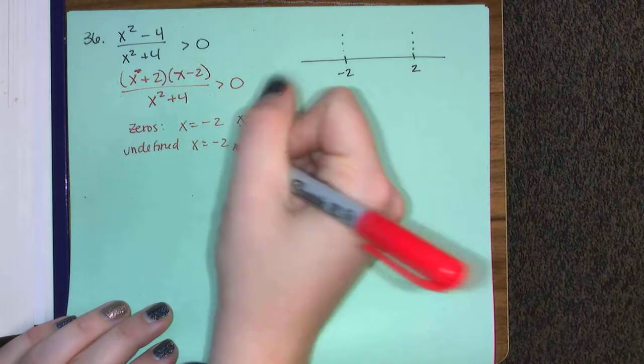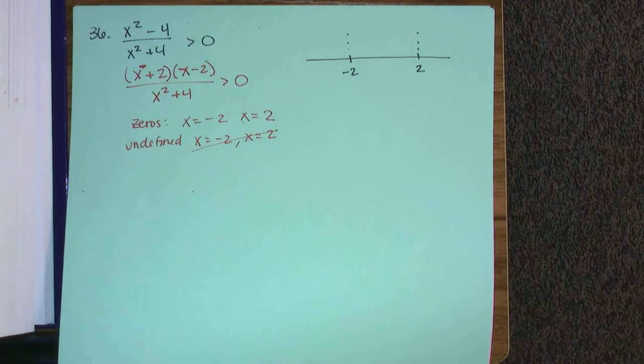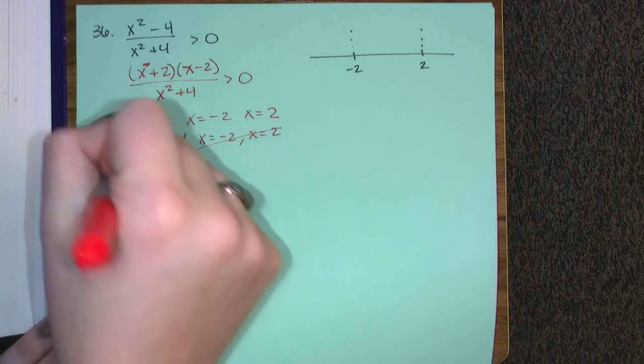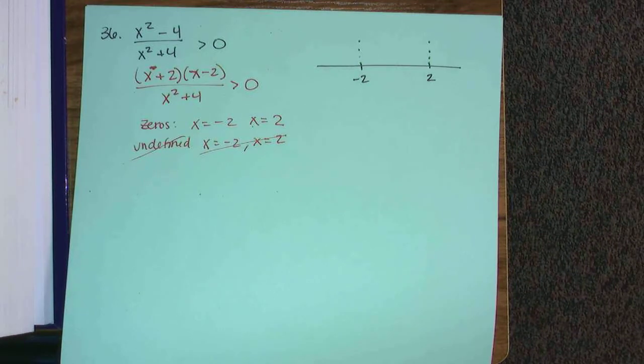Okay, so not there, because that's going to give you numbers that aren't, there is no value for x that would make the denominator 0. Right? So nothing's undefined. We are probably thoroughly confusing Alyssa now. But it's fine. She'll be alright. Sorry, Alyssa.